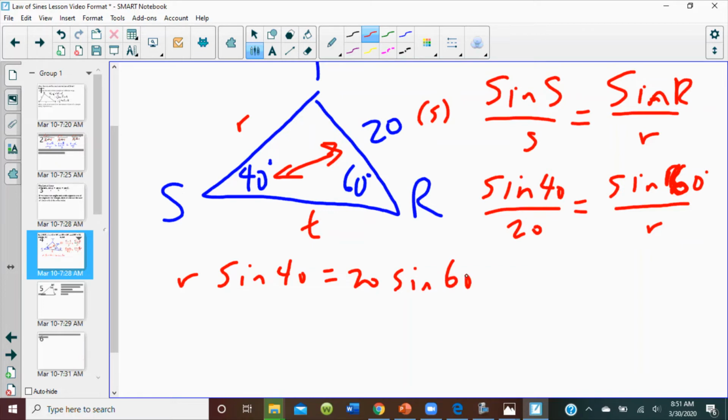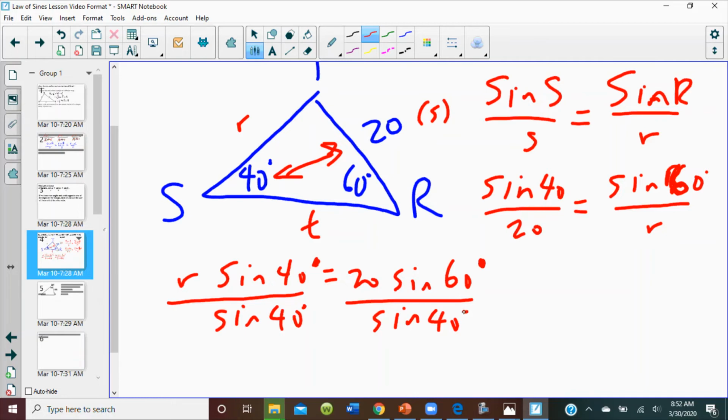A reminder that these are degrees. I'm using my finger because my pen didn't work out so great, so I ordered a new one. We know that sine of 40 and sine of 60 are actual real numbers, and we will leave them in this form because if I want to find r by itself, I can just divide both sides by the sine of 40 degrees.